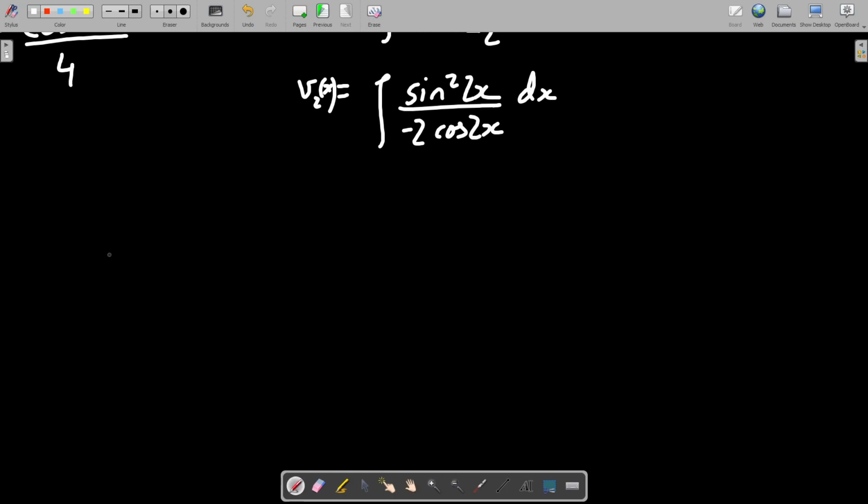So sin square 2x we have here. I think I'll put cos 2x equal to t. I'm just trying this.